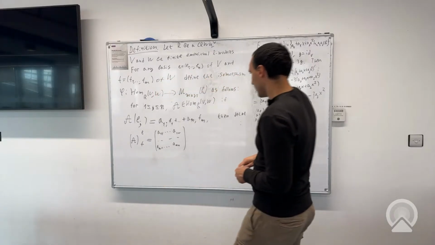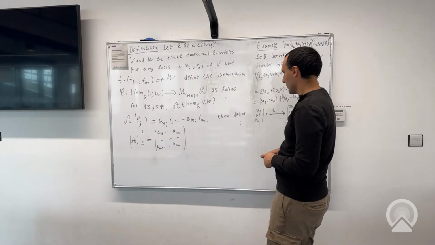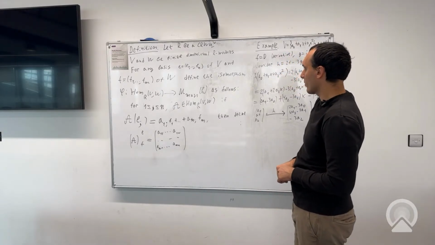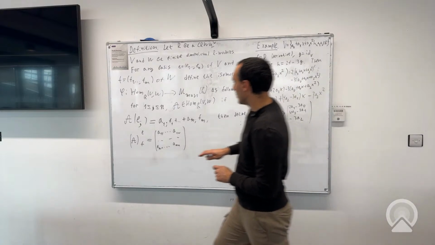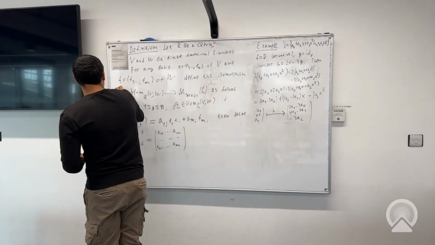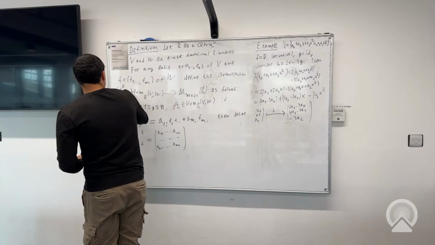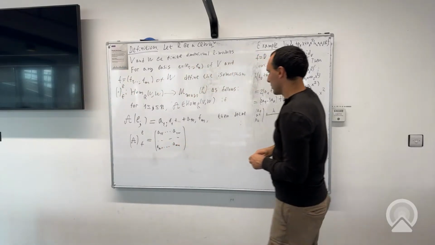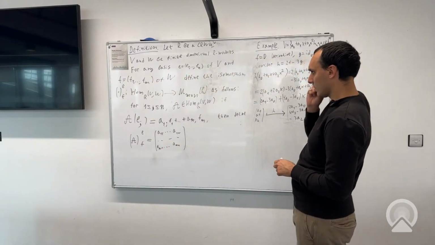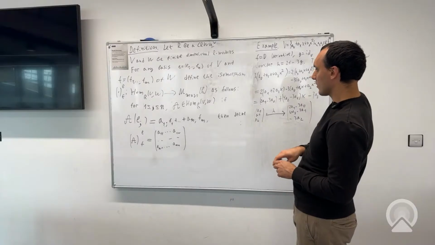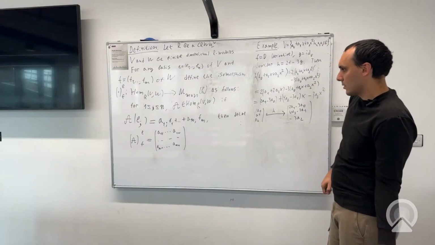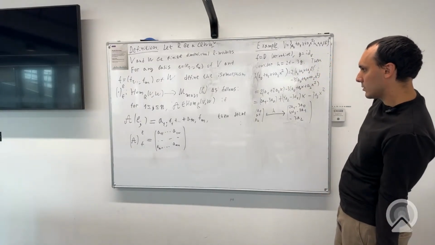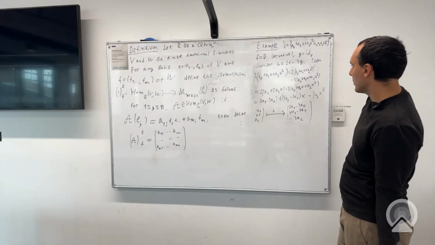Let me see if everything is fine. Sorry, this isomorphism should be not phi but E F. Yeah, that's fine, I think.